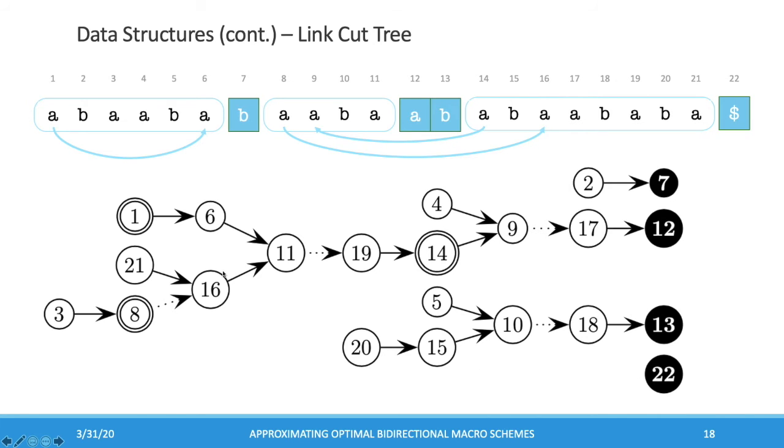And we have the representation of the pointers. So position 1 points to position 6. Position 8 points to position 16. And position 14 points to position 9.